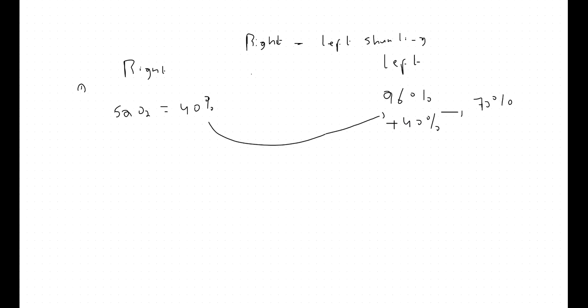So what will be the presentation of the newborn? The newborn is going to be blue. You will see blue babies at birth, or simply you will say early cyanosis. Early cyanosis means the patient is having right to left shunting.